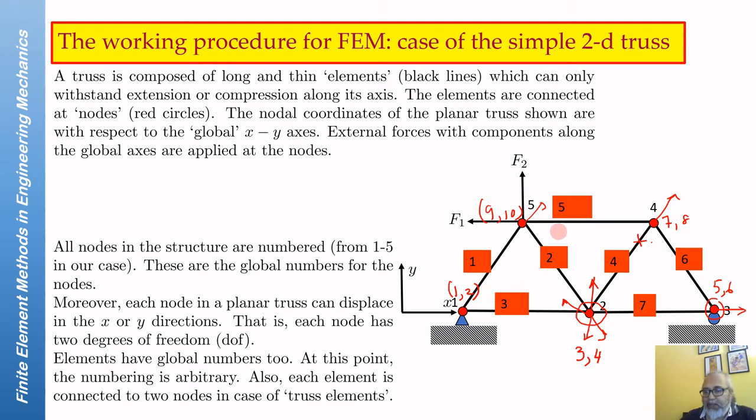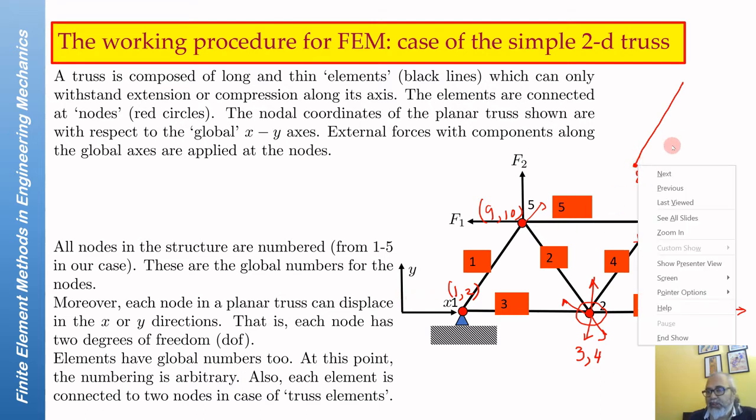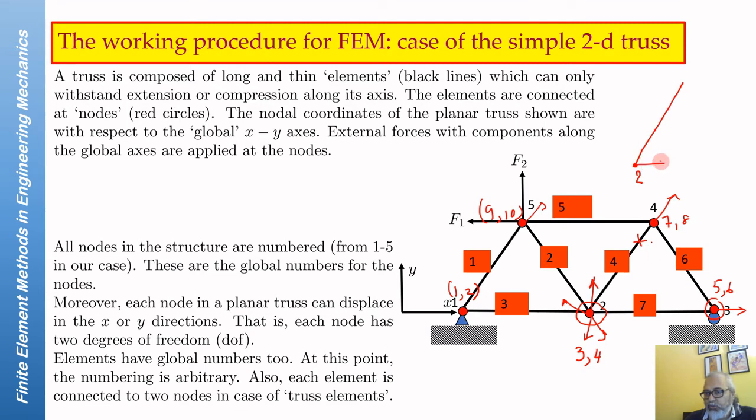So when I separate element number 4 out, this is node number 2, and its global degrees of freedom are 3 and 4. And remember, the global degrees of freedom are in the global xyz direction, and we'll call them capital U. So you will have U3 in the global x direction and U4 in the global y direction.